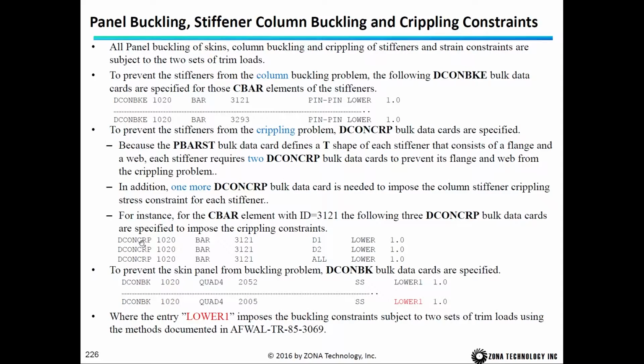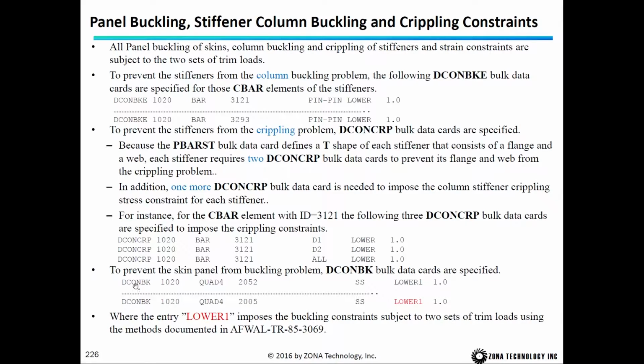So again, 1020 is a set ID which is referred to by the DCONS equals case control command applied to the bar with ID 3121. D1 is applied to the flange, and D2 is applied to the web, and all is to impose the column stiffener crippling stress constraint.